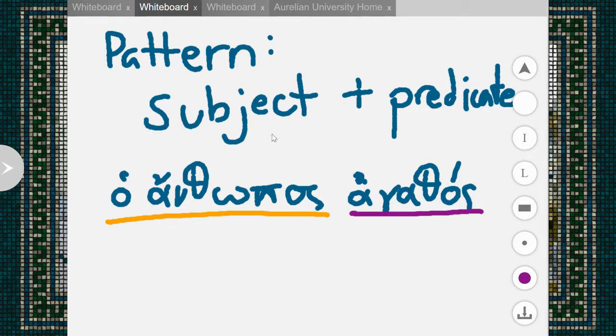Subjects, you can think about what the sentence is about, and predicate is what you're saying about it. This shouldn't be confused with topic and comment. Topic is what, in terms of the discourse, you're actually talking about, and comment is what you're saying about it. The grammatical subject or the subject of a proposition are not actually always the same as the topic.